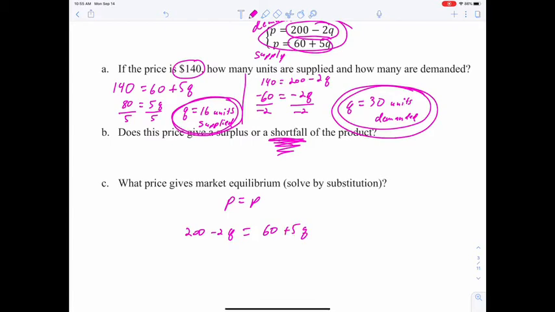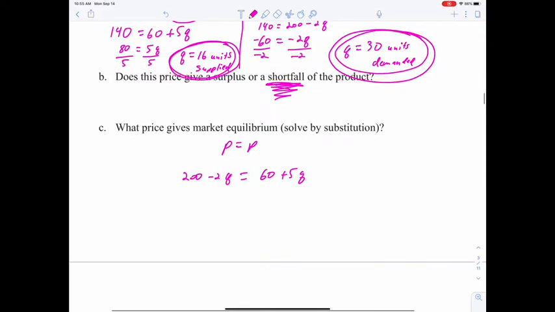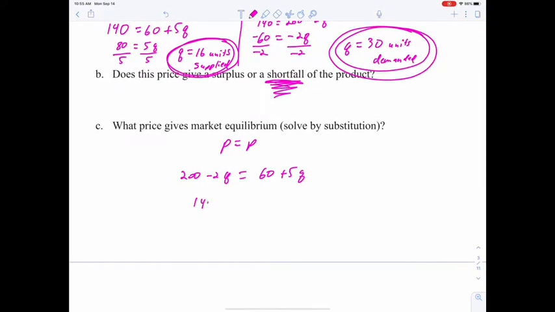Okay, and we work our algebra magic. It doesn't matter where you start. You could either subtract 200 from both sides or subtract 60 from both sides. It all works out the same. I personally like to go with the lower numbers. I like to keep numbers positive if possible. So if we subtract 60 from both sides, we'll get 140 minus 2Q, because 60 minus 60 is 0, equals 5Q.